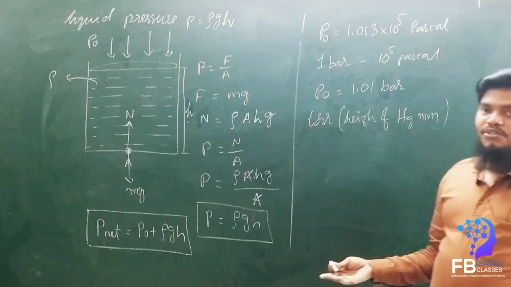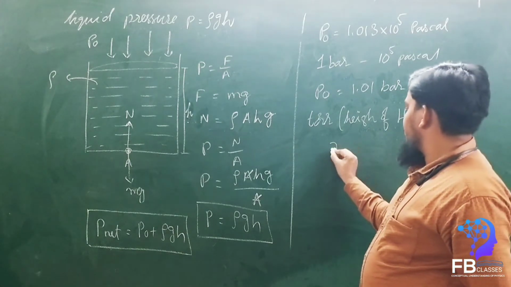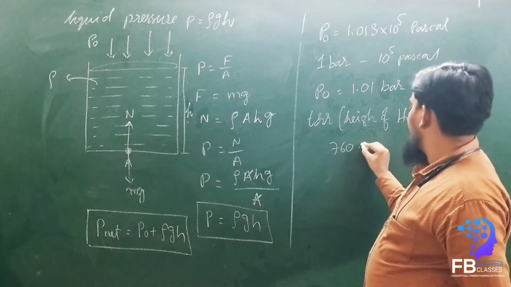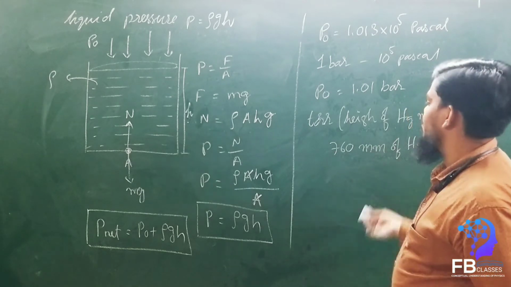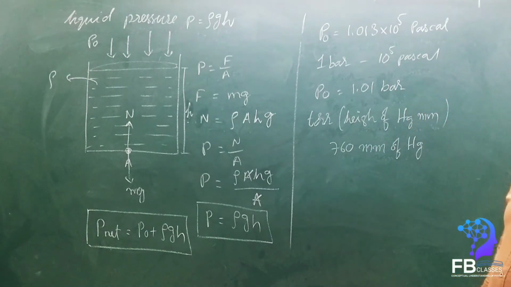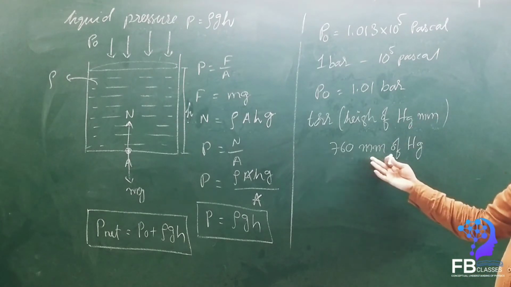Here one torr is considered as 760 mm of Hg. Atmospheric pressure is equal to 760 mm of Hg.